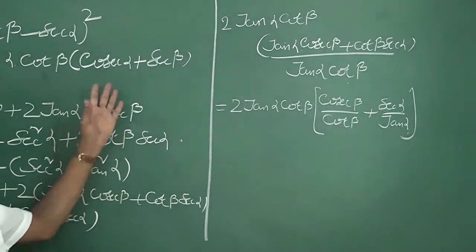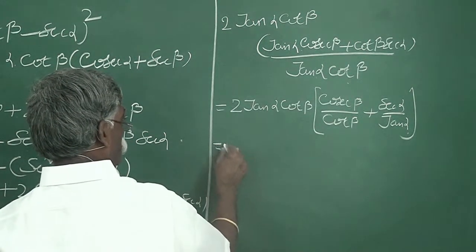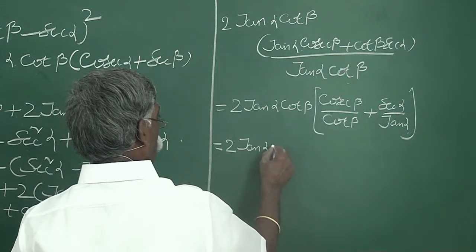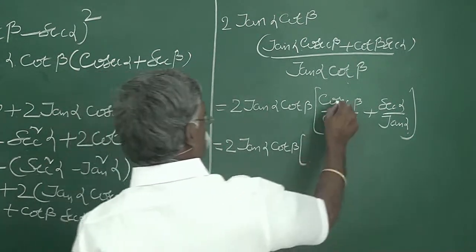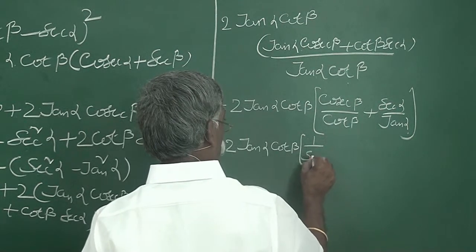Now also this part is not obtained. So this is 2 into tan alpha into cot beta. This cosecant beta, we will write it as 1 by sin beta.